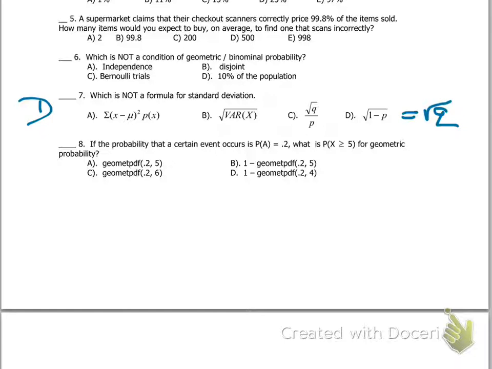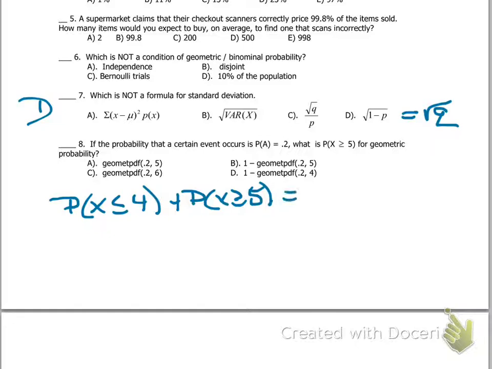Okay? If the probability of a certain event A is 20%, what is the probability that x is greater than 5 for geometric probability? Okay, so this is what I want you to know. Remember, we're dealing with integers. So the probability that x is less than or equal to 4 plus the probability that x is greater than or equal to 5 is equal to 1.